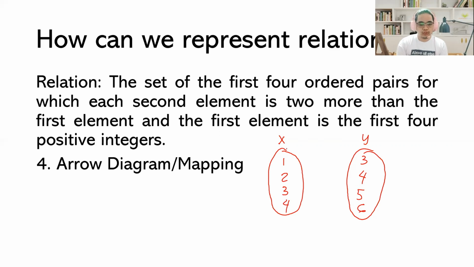Add 2 to this x to get the y. So therefore, 1's pair is 3. 2 goes to 4, 3 goes to 5, and 4 goes to 6. So you can see there the relationship that whatever your x is, let's say 1, you add 2 to it, you will get the y, which is 3. So that will be the arrow diagram or mapping.